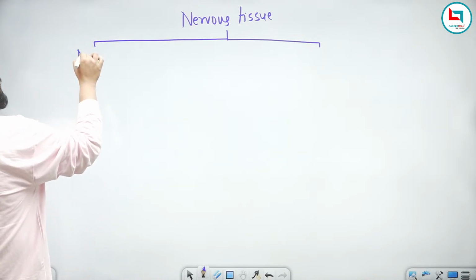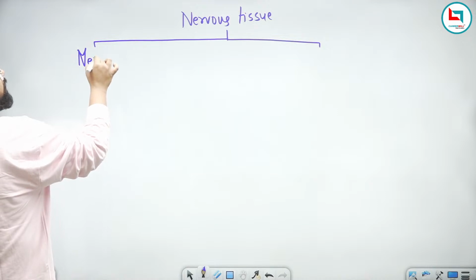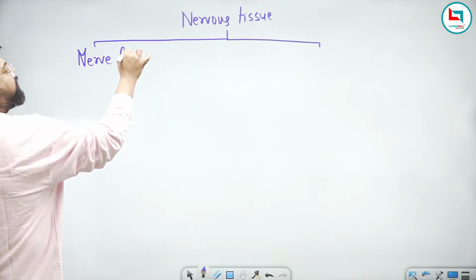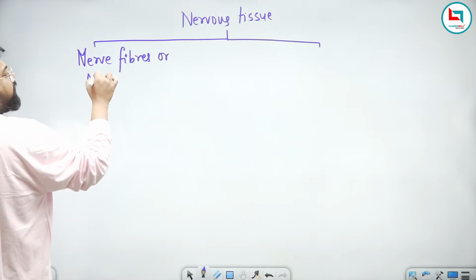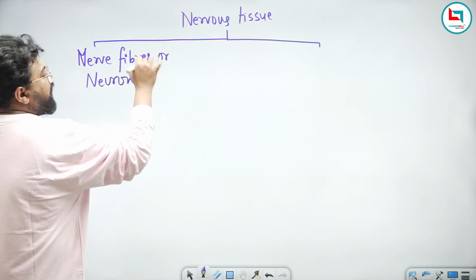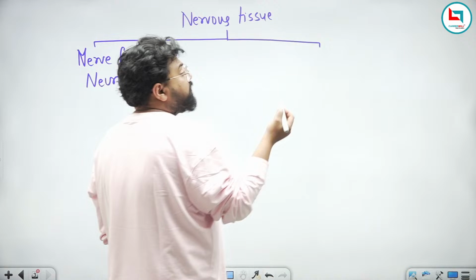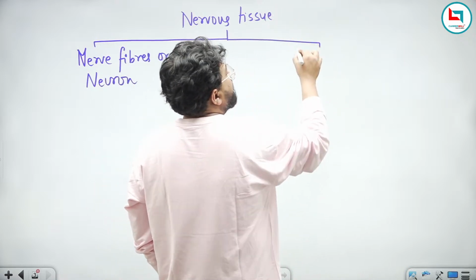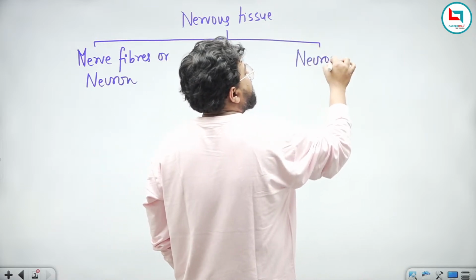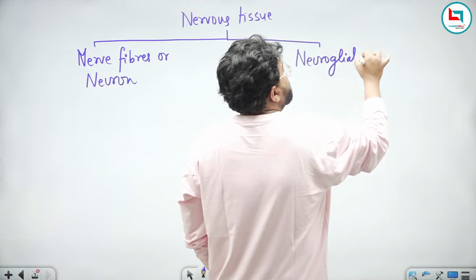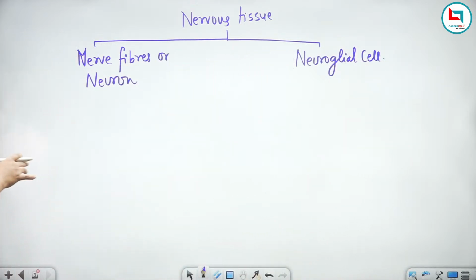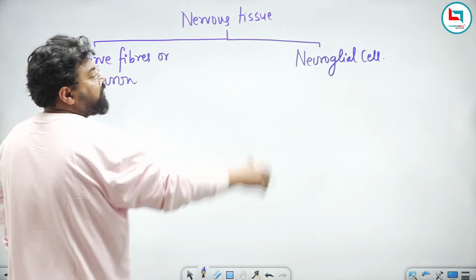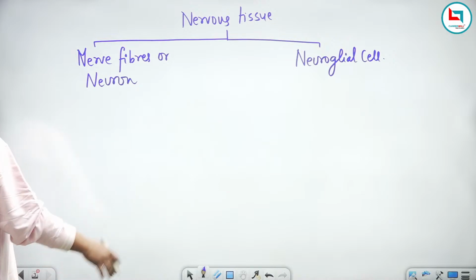One is the nerve fibers, and these nerve fibers are also said to be as neuron, and another cells of nervous tissues are neuroglial cells. So we have to discuss them one by one. Okay, first we have to discuss about the neuron. After that, we have to discuss different types of neuroglial cells.